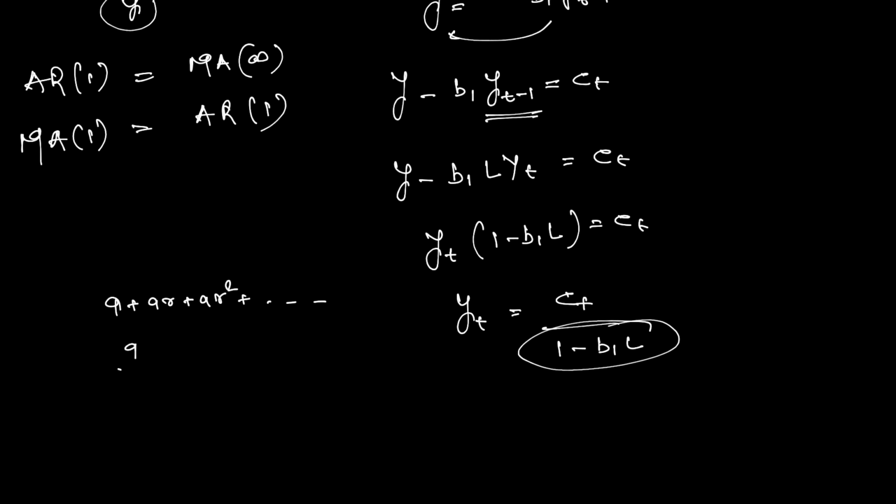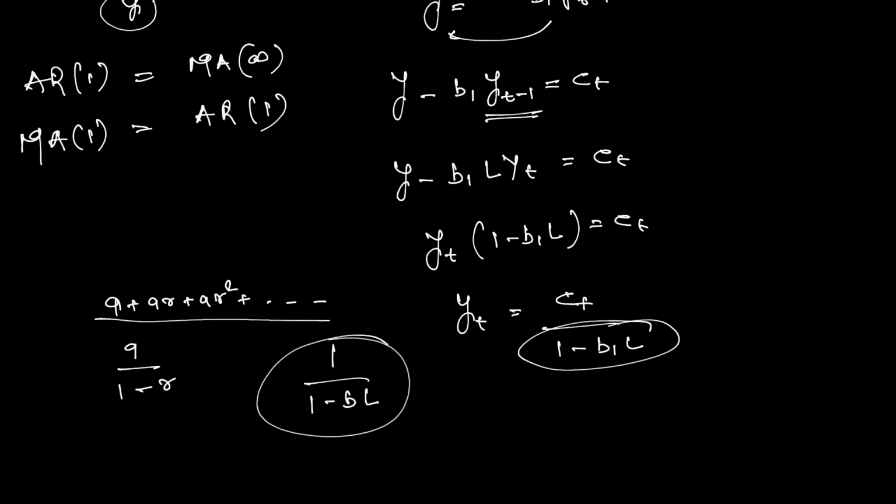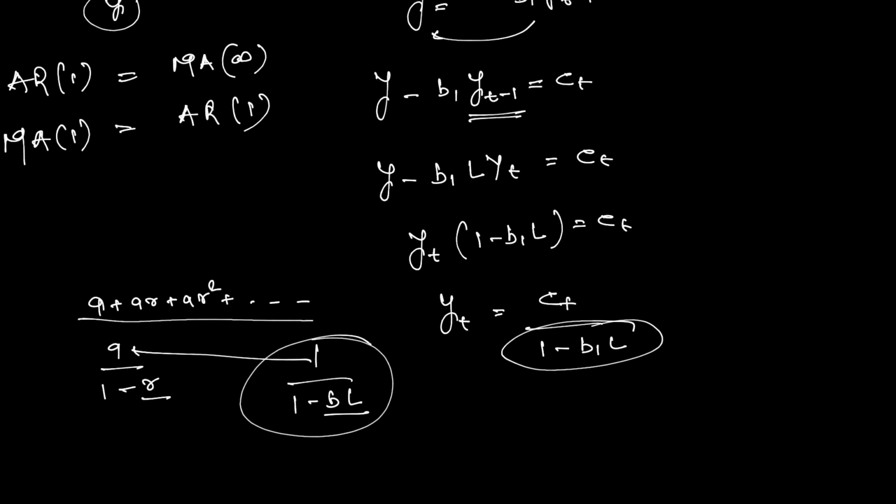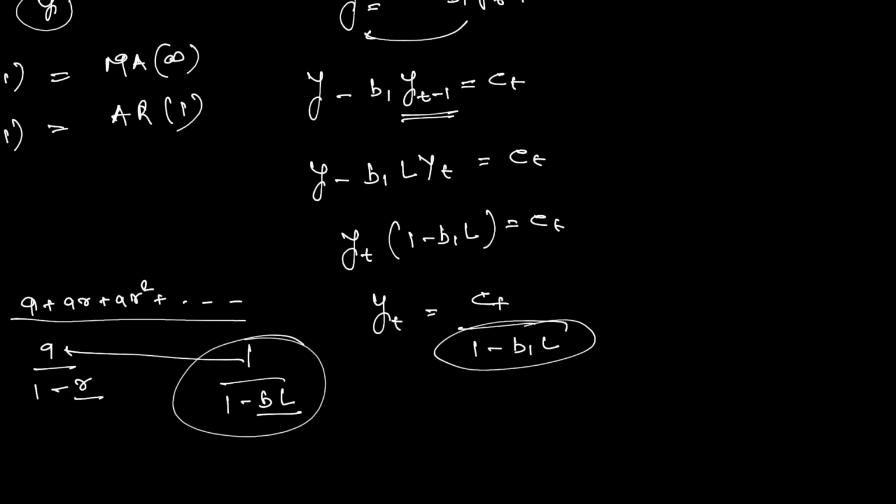So I can write the summation as a upon 1 minus r. So basically 1 upon 1 minus b1 L is just the summation of a GP series where a is 1 and this b1 L is your r, the coefficient with which you are increasing your GP series.